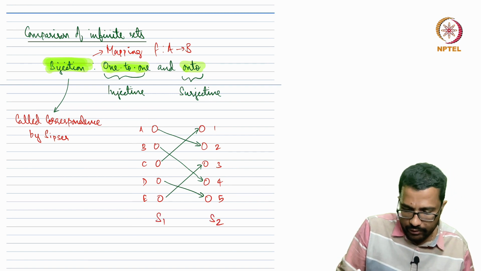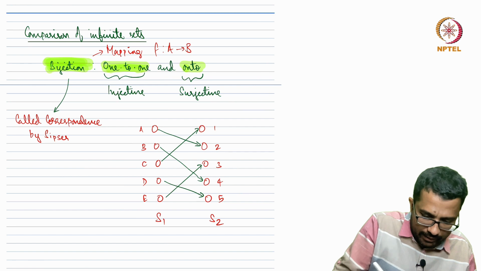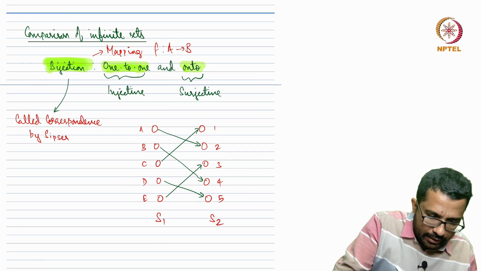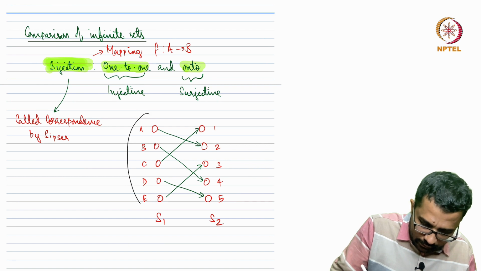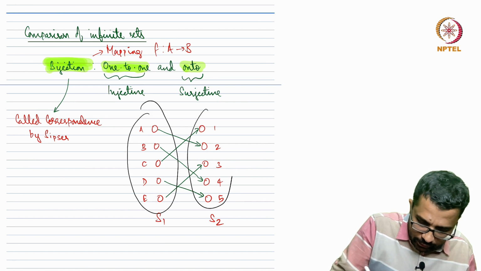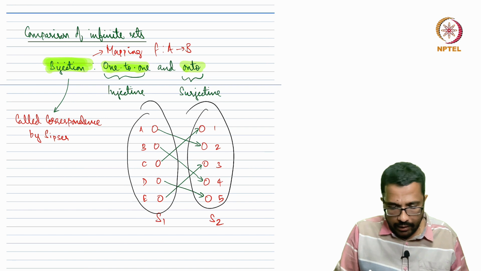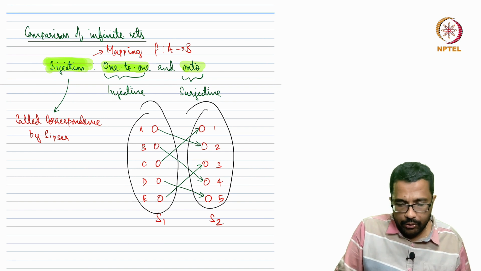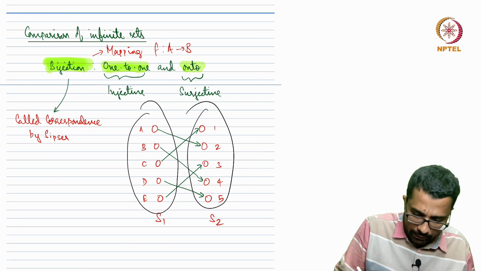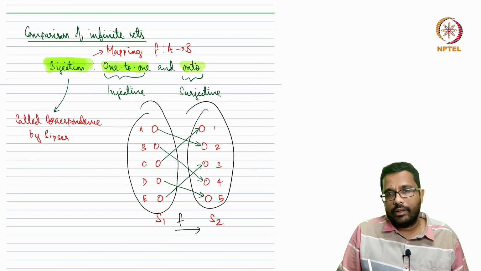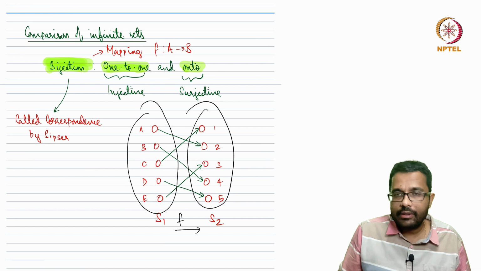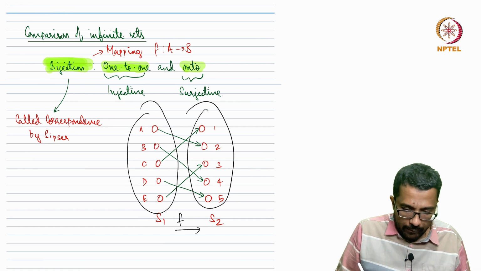Let's say this is S1 and this is S2. Now for every element in S1, I want to identify a map. So this is the map F. For every element in S1, I want to identify an image in S2.